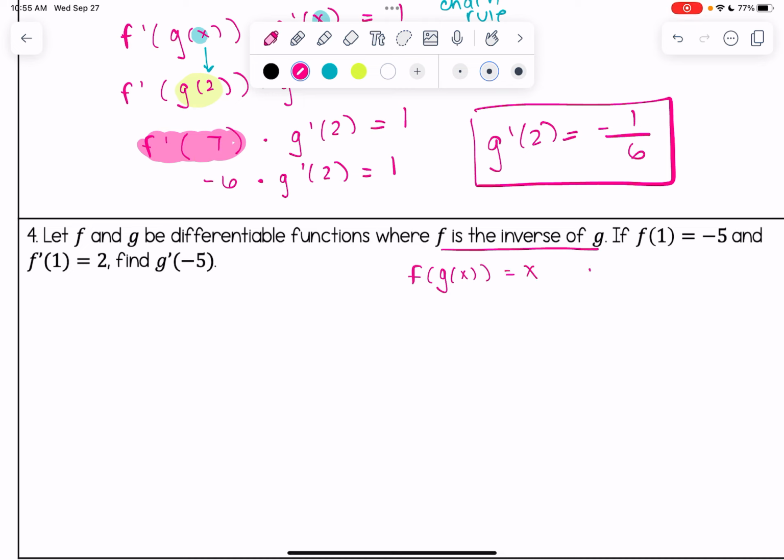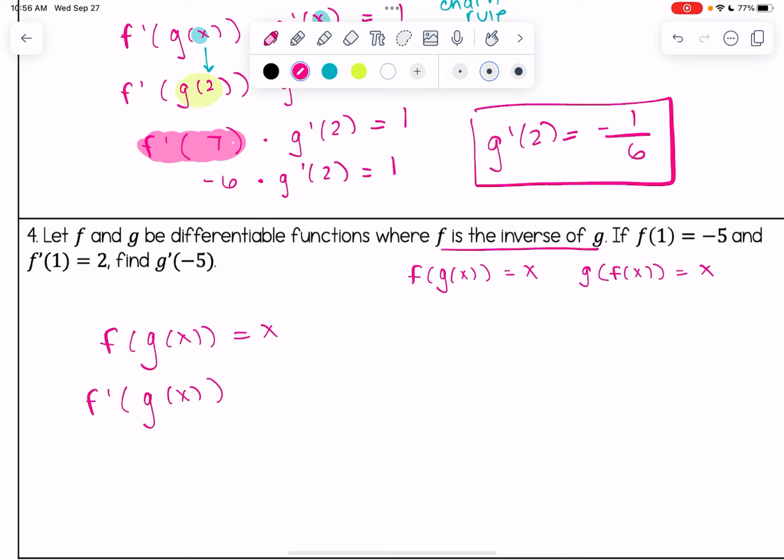And we know the reverse, that g prime of f of x is equal to x. We know they're inverses. Okay, I'm going to work with this first idea, f prime of g of x is equal to x. Let's do what we did on number 3 and take the derivative of that using the chain rule.